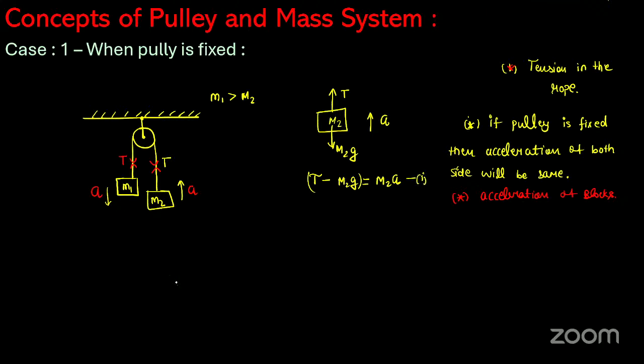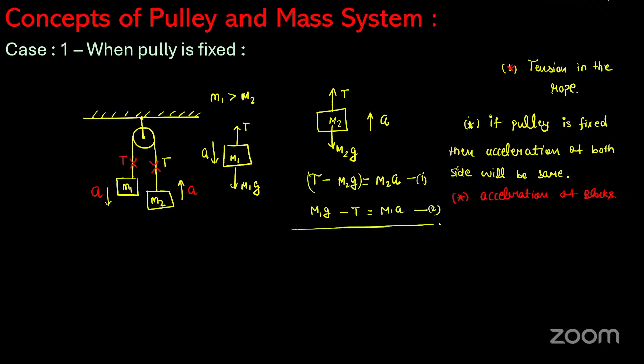Now, the FBD of the other block, which is M1. On the downward side there will be a force M1G. On the upward side there is a tension force. But the system is moving downward, so the direction of acceleration has changed. So we have to consider M1G as positive: M1G minus T is equal to M1A, equation 2.